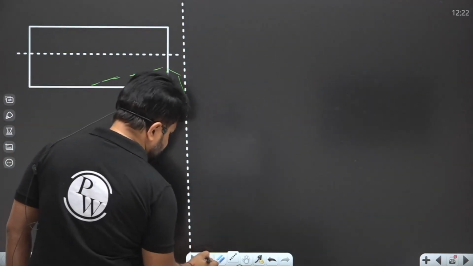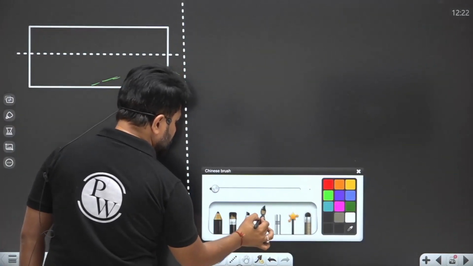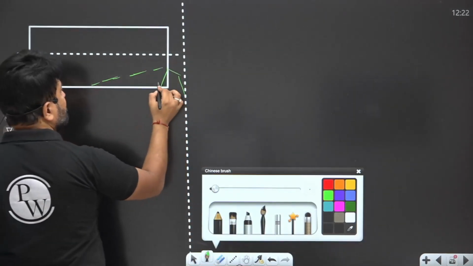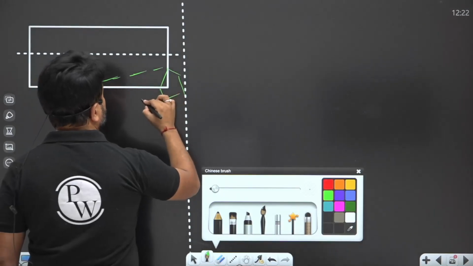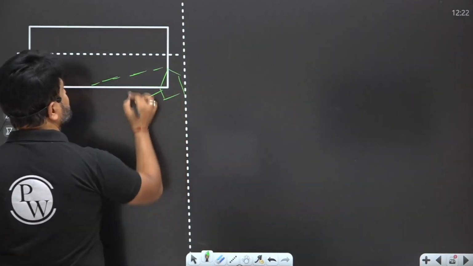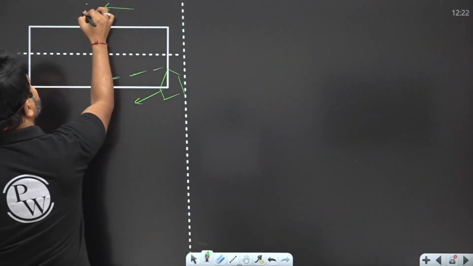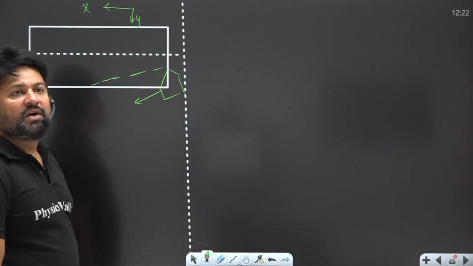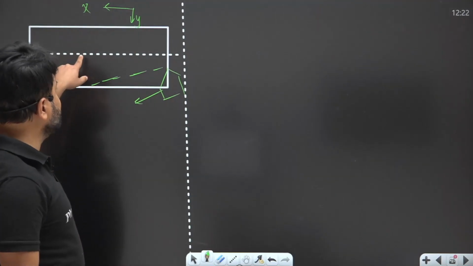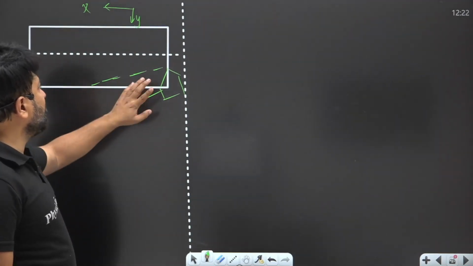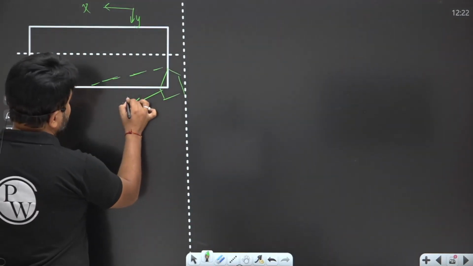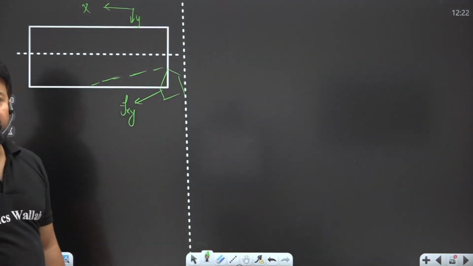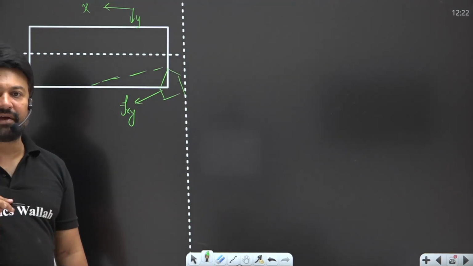Here, I have given the feed to the tool not along the axis of rotation. Let's say this is X direction and this is Y direction. So here the feed of the tool is neither only in X direction nor only in Y direction. It is in X, Y direction. So compoundly we are giving the feed.